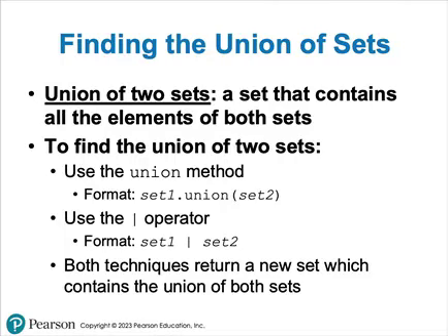To find the union of two sets, you use the union method from one set, and then you can put the other set inside there and it would return the union. Or you can use the vertical bar, which will find the union of the two sets. In both cases, regardless of how you calculate that union, it is going to return a new set, which is indeed the union of the two specified sets.